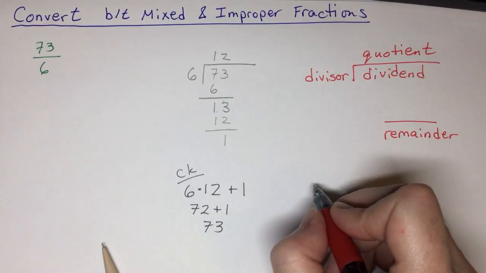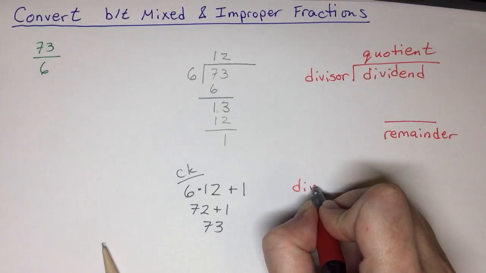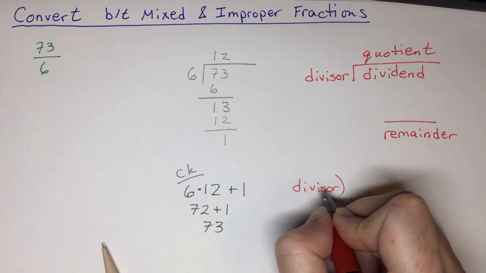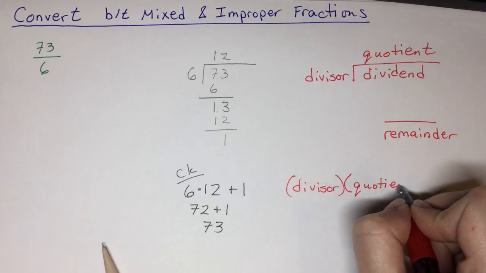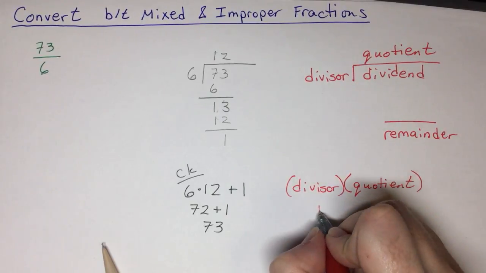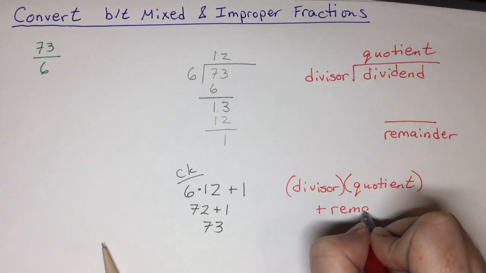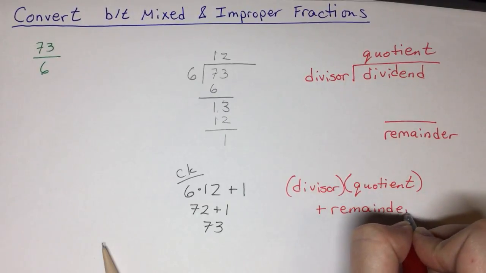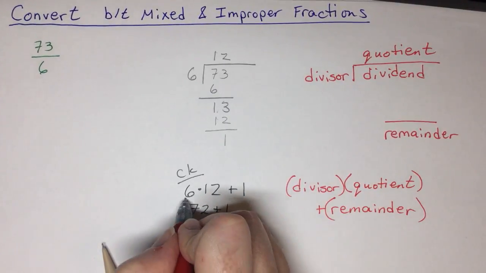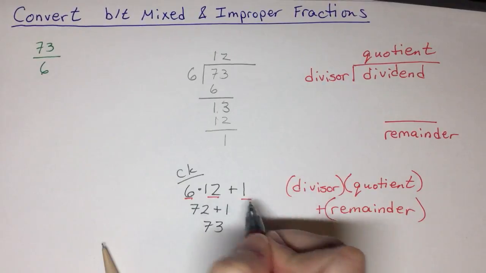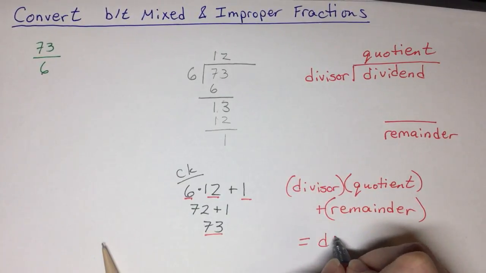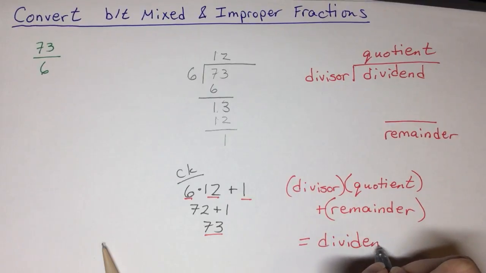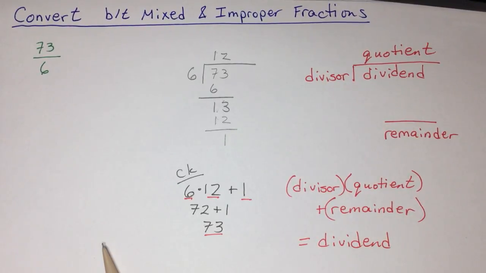And so what we get is that the divisor times the quotient plus the remainder, divisor, quotient, remainder, gives us the dividend. And that's how we can always check our work.